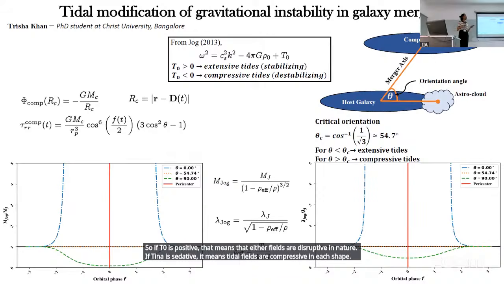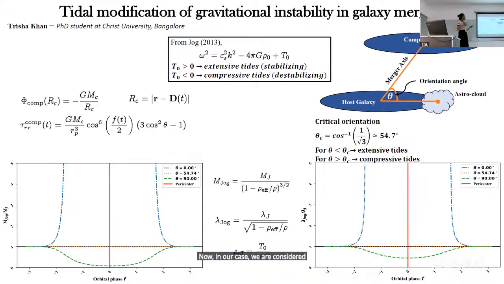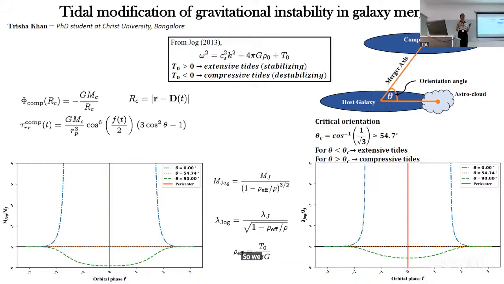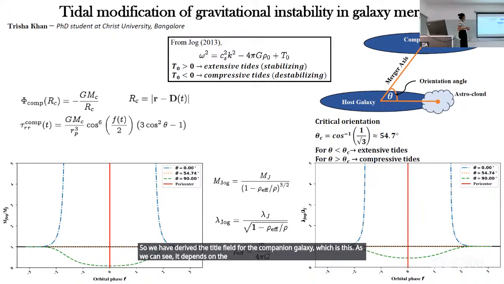Now in our case, we have considered 2 galaxies, as we can see here, a host and a companion. So we have derived the tidal field for the companion galaxy, which is this. As we can see, it depends on the gravitational constant, the mass of the companion galaxy, the pericentric distance.